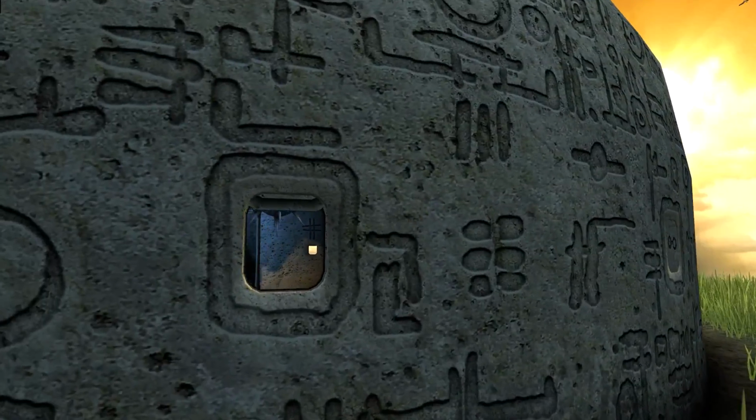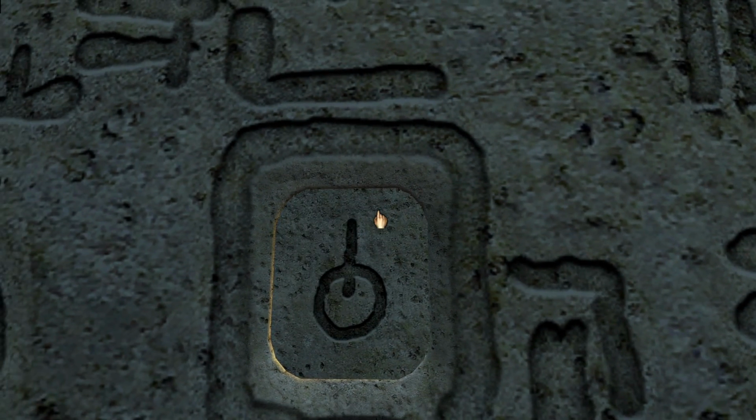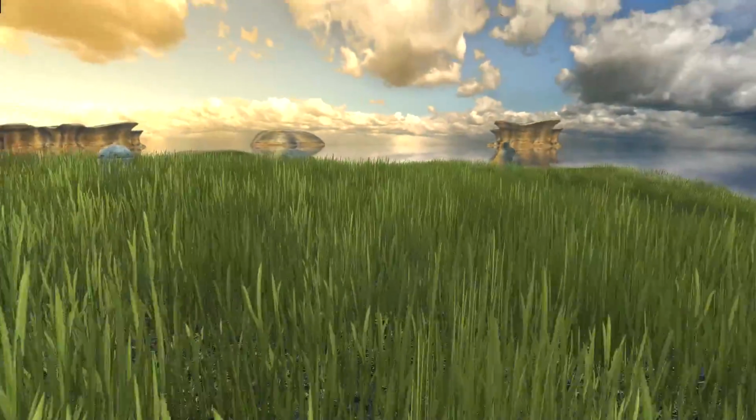Now I can at least try to be sure about what order they go in. Then this is the 12. Okay. So now I know what order to input them in.